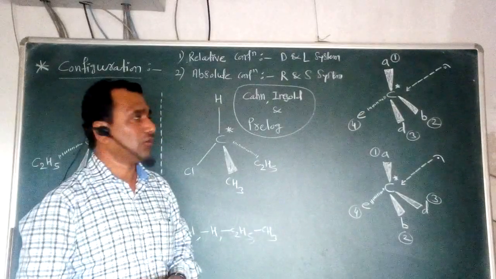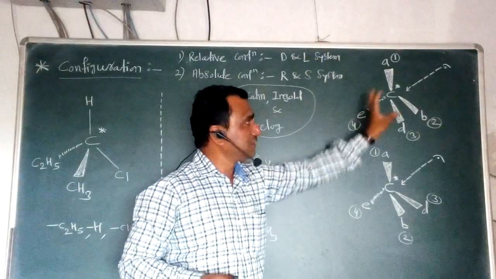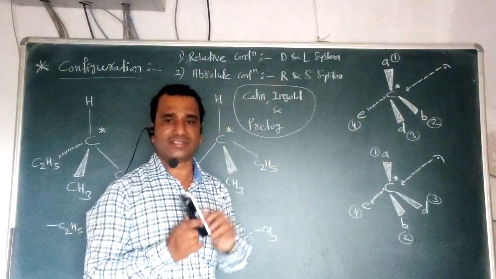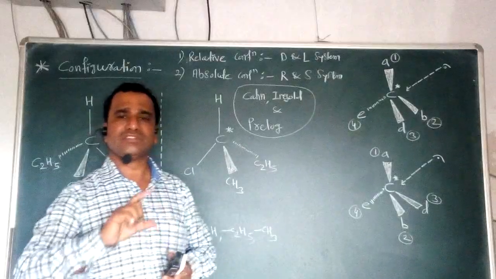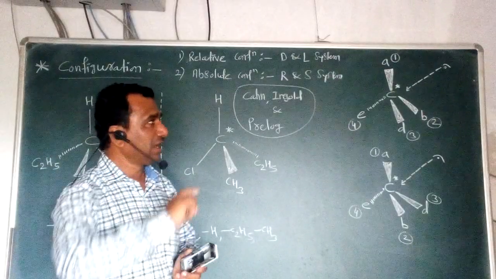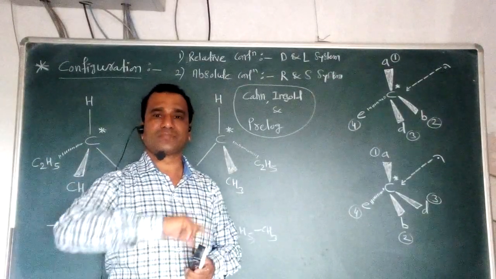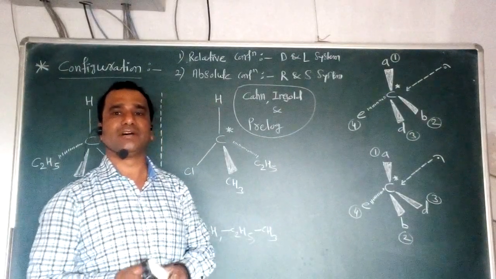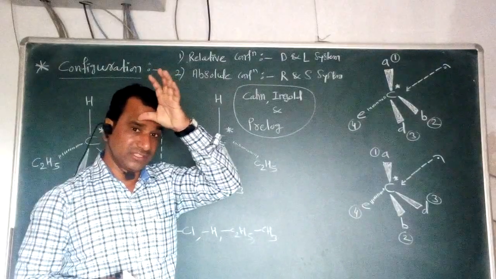Now once we assign priorities, and once we choose the exact position for observing toward this stereoisomer, after that we have to just follow one simple rule. While going in a clockwise direction or an anti-clockwise direction, what type of sequence is to be observed?